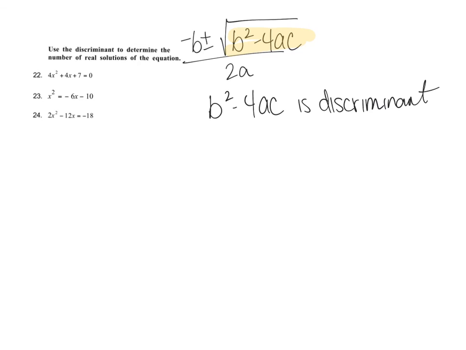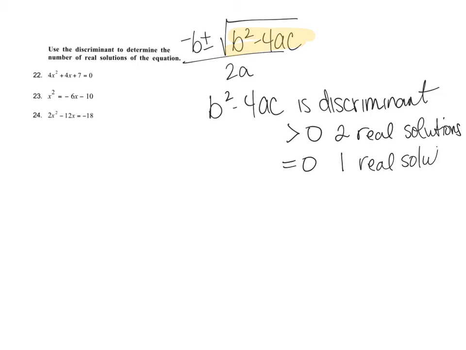If this is greater than 0, that means there are two real solutions. If the discriminant equals 0, that means there is only one real solution, because the square root of 0 is 0, there's no plus or minus, so we only end up with one number. And then if it's less than 0, there's no real solutions.